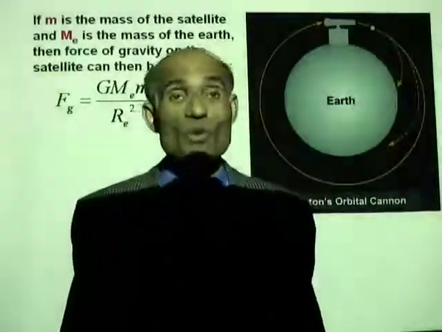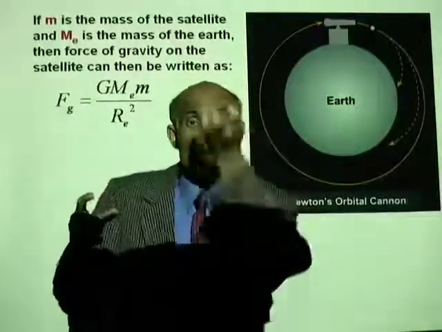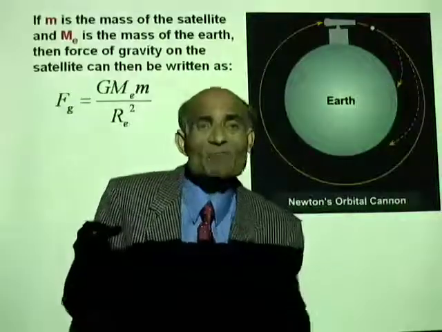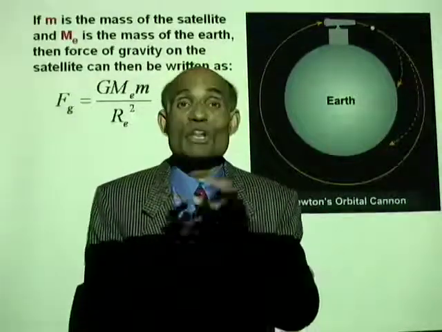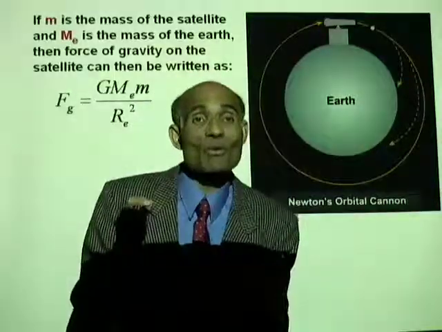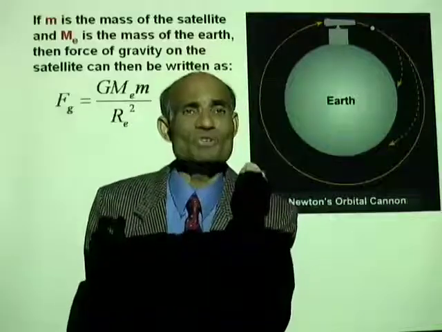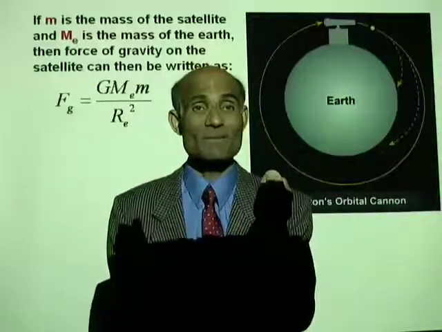Well, if you want to make this object go in a circle, what is the force that keeps an object going round in a circle? The force that keeps an object going round in a circle is called the centripetal force. Do you remember the equation for centripetal force?